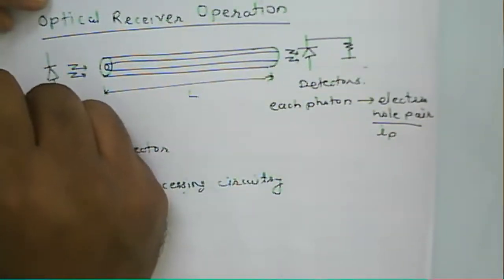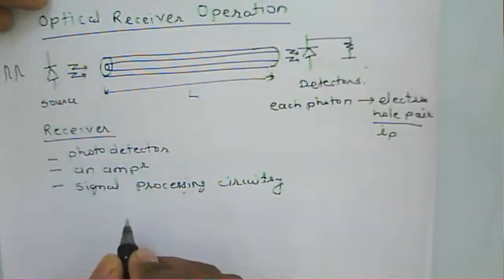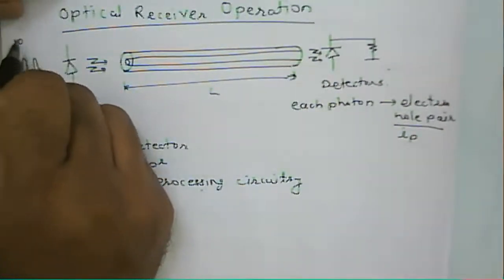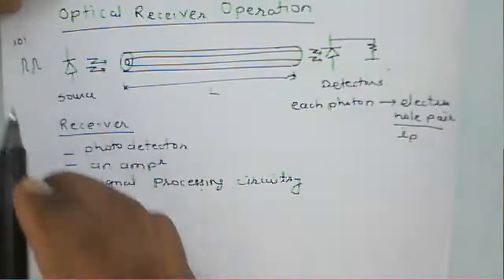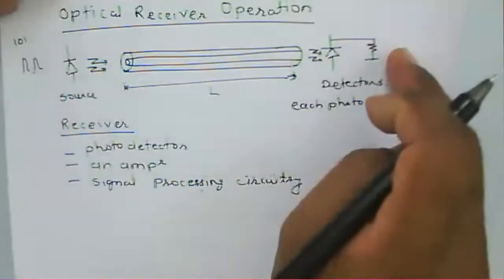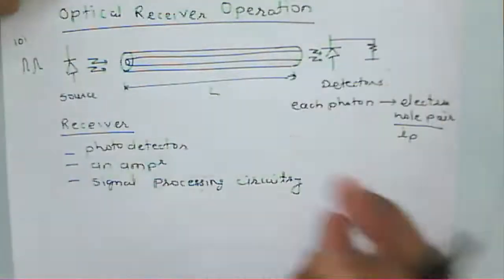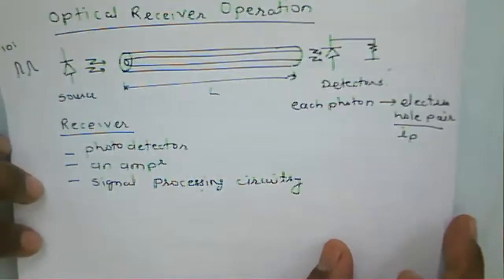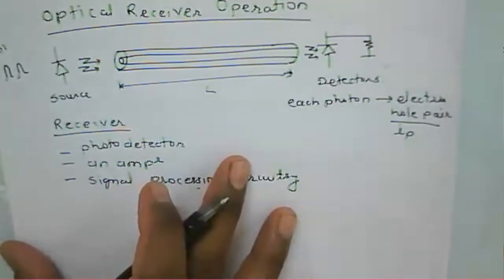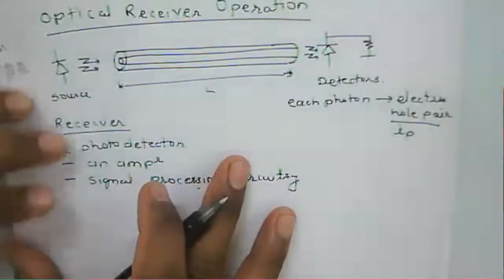The input is a current pulse carrying the information in the form of 1010 format, and accordingly we should get that 1010 output. That is the receiver operation.